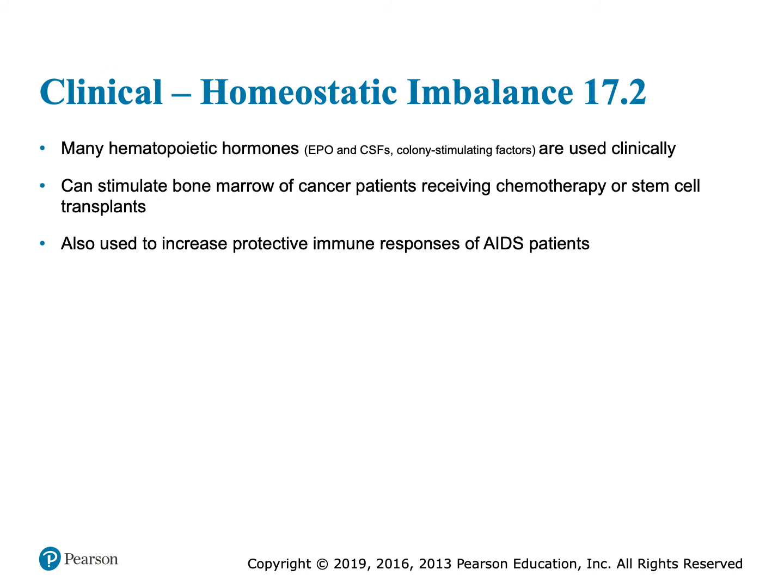We can use different kinds of hematopoietic hormones to help stimulate your bone marrow for cancer patients, because maybe chemotherapy has destroyed your ability to make those cells. We can also use these hormones to help protect AIDS patients. EPO is such a common one, but colony stimulating factor is another one.